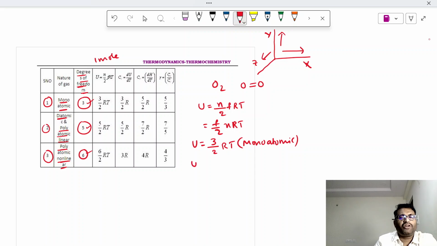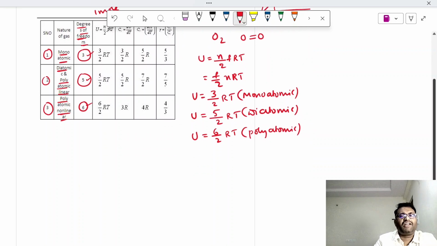For diatomic and polyatomic gas which are linear in shape, we get 5 by 2 RT. In the same way, U is equal to F by 2 RT, so for non-linear polyatomic, 6 by 2 RT. So U is the internal energy.